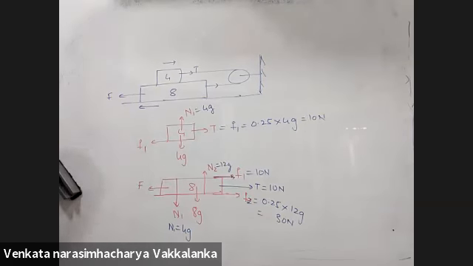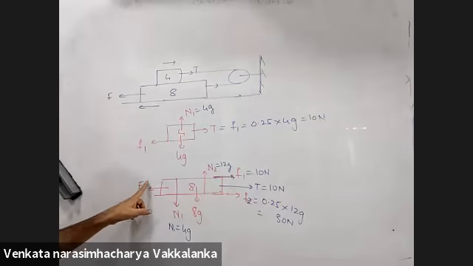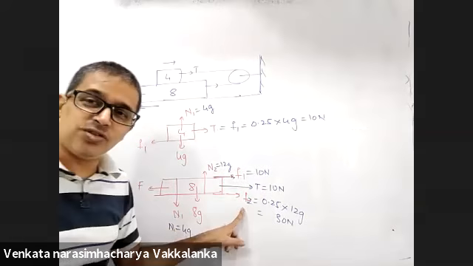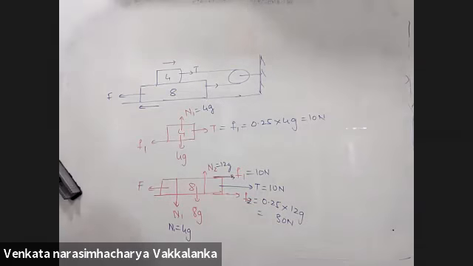So by taking F2 to the right, we are assuming that the capital F is greater than F1 plus T, right? Actually, if capital F is lesser than the sum of these three by any chance, it will not move. So uniform velocity is asked, so that is implied.